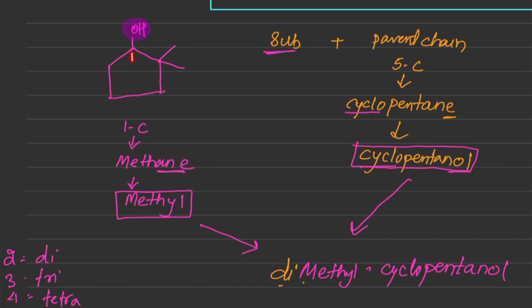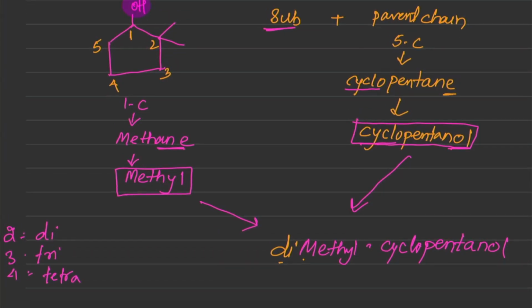Your goal is to keep the lowest possible number. So this is always going to be 1. Now I could number 2, 3, 4, 5, or I could go the other way around, anti-clockwise. Obviously we will pick the other way, because if we number this way, we are giving the lowest possible number to our methyl substituents.